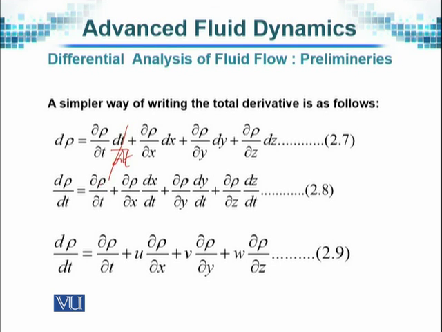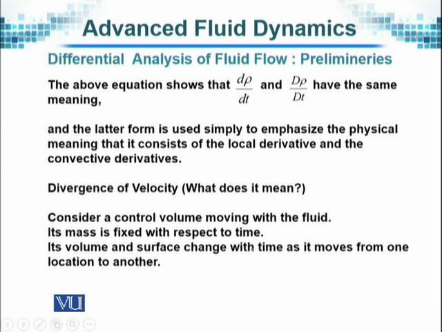So here there is no total derivative d appearing, but here it will be dx by dt, this is dy by dt, and this is dz by dt, resulting in these equations. And as we know, dx by dt is the velocity component u, dy by dt is the velocity component v, and dz by dt is the velocity component w.